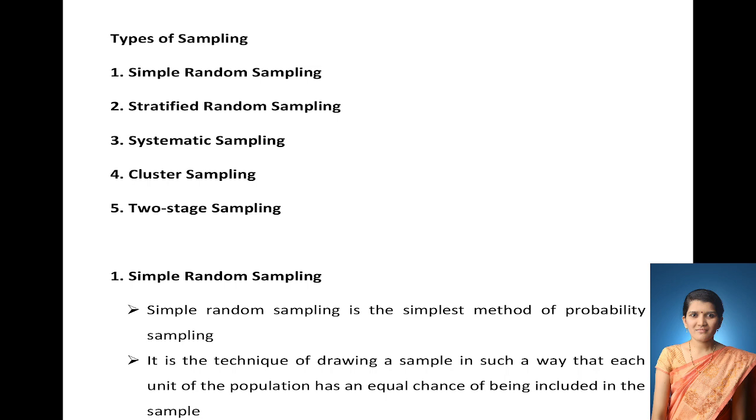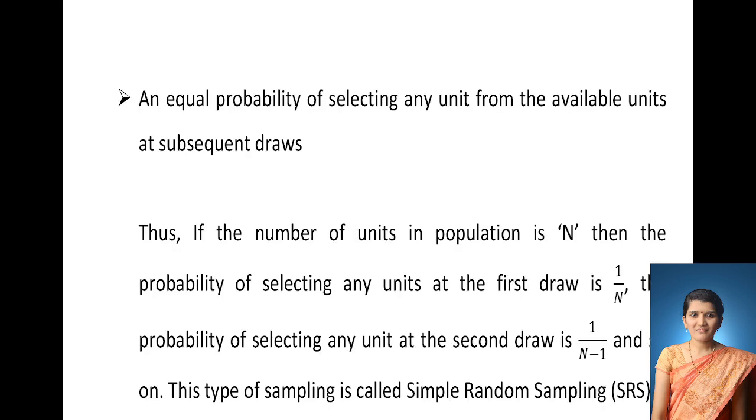Simple random sampling is the simplest method of probability sampling. It is a technique of drawing a sample in such a way that each unit of the population has an equal chance of being included in the sample and an equal probability of selecting any unit from the available units at subsequent draws.